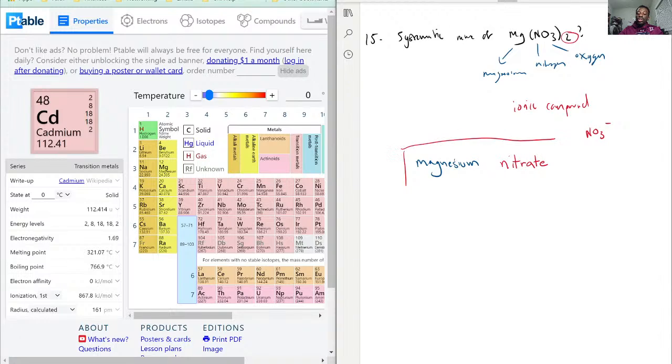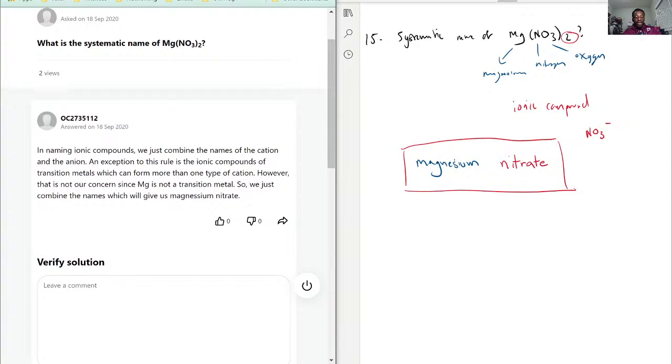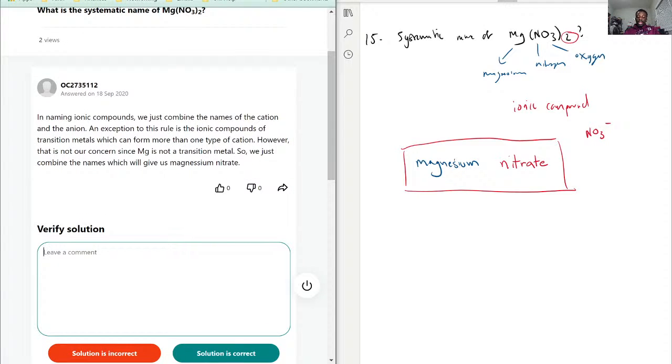And because it's an ionic compound, you should not indicate how many nitrates you have. You wouldn't say magnesium dinitrate, it would just be magnesium nitrate. Magnesium is an ionic compound because it's metal, non-metal, and we just say magnesium nitrate. This is correct.